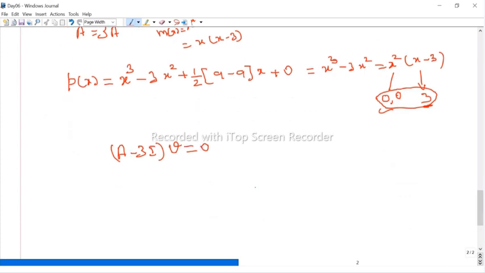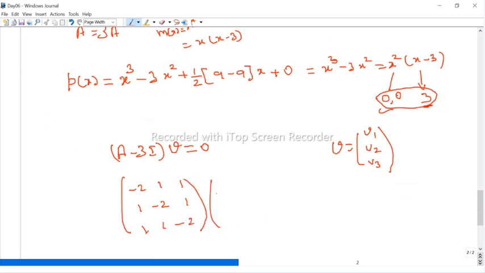We take v equal to v1, v2, v3 because this is an element in R3, so it should be an ordered triple. What is A minus 3I? The diagonal we have to subtract 3. Therefore, we get minus 2, 1, 1, 1, minus 2, 1, 1, 1, minus 2. That is A minus 3I, into v, which is v1, v2, v3, equal to 0, 0, 0.